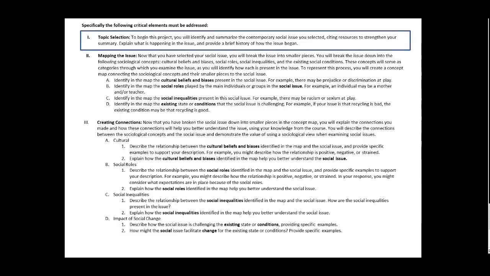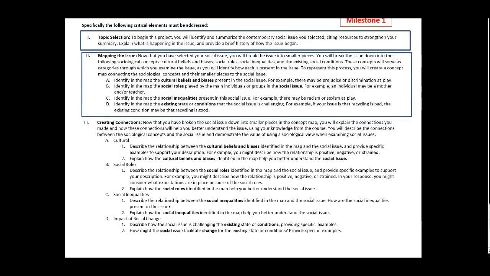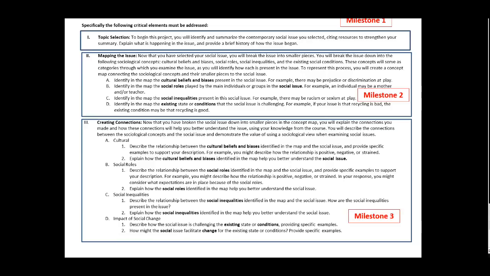Now here's the full prompt, what we call the prompt in the final project. You will see that number 1, topic selection, is milestone 1, 2 is milestone 2, and 3 is actually milestone 3. So you already did this in chunks, right, in the form of milestones.